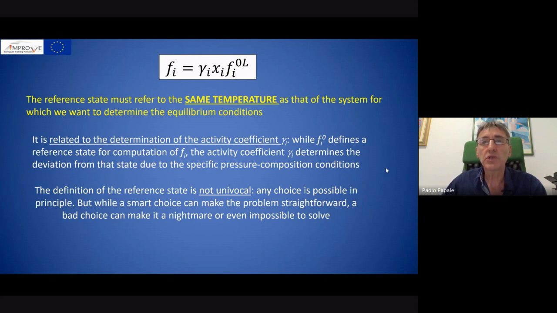While a smart choice makes the problem manageable, a wrong choice may make it a nightmare, or it may even make it impossible to solve. Making a smart choice for the reference state is therefore part of what we refer to as the art of modeling.